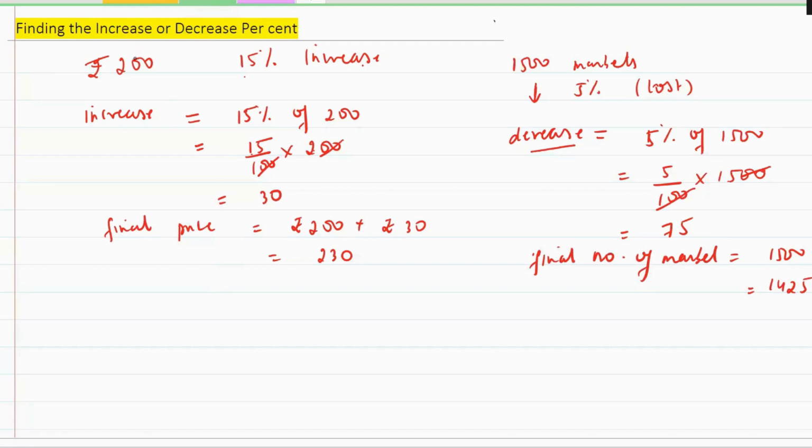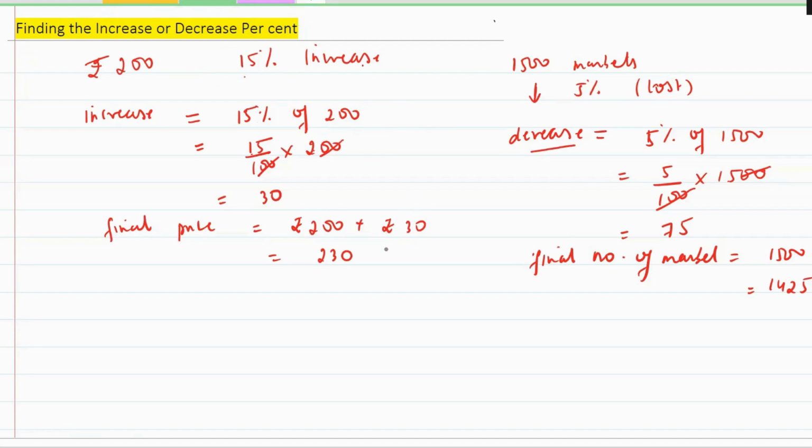Increment can be in terms of salary, price, population, anything. And decrease can be in terms of how many marbles we have lost, or a decrease in population. If some object is old and its value is decreasing, we say depreciation, and that is also a decrement.